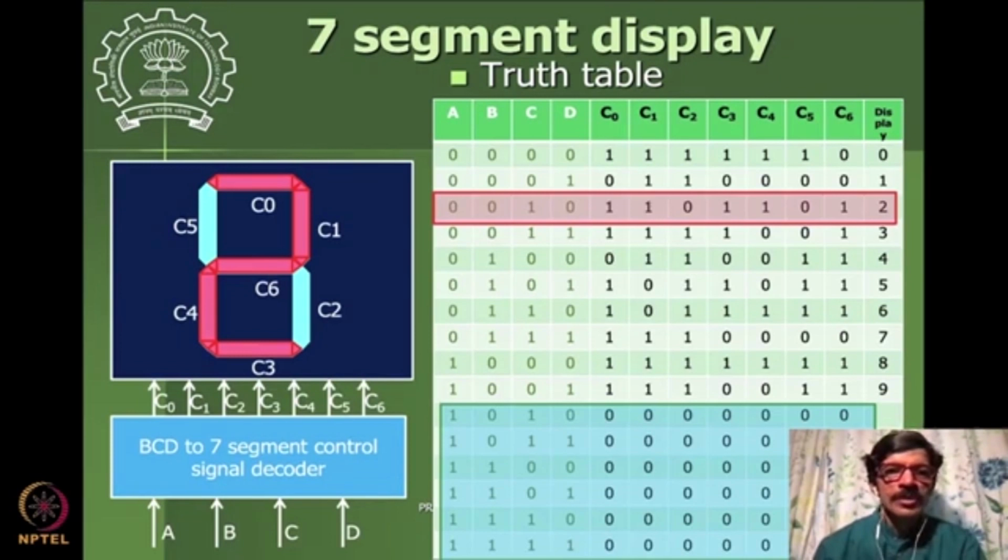Like that you can fill up the entire table, and once this table is filled up, you can look at one output in terms of the 4 inputs and consider what combinational circuit will come up.